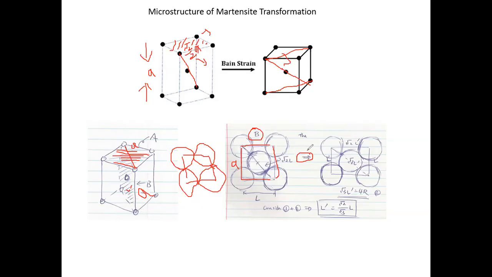So this length does not change, which equals 4 times the radius of the particle. Because in this case, you have 1 radius, 2 radius, another 1 radius, right? So it doesn't really matter how you stretch and move these two atoms around, this line does not change.